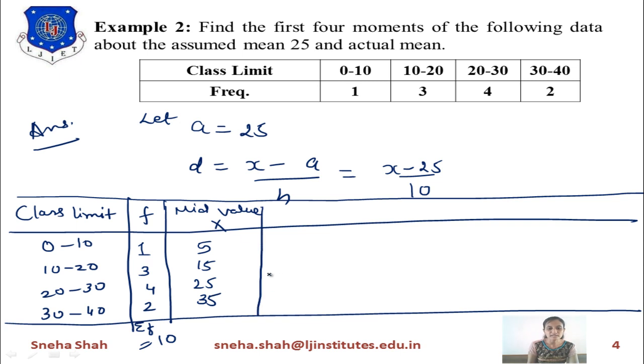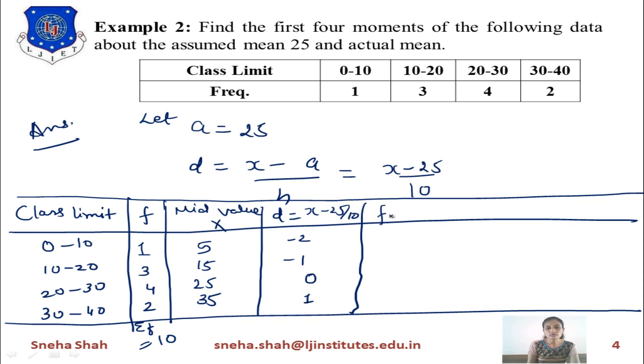Now the value of d equals (x minus 25) upon 10. If I take x equals 5, 5 minus 25 means minus 20, upon 10, gives the answer minus 2. Likewise we will find all the other values.